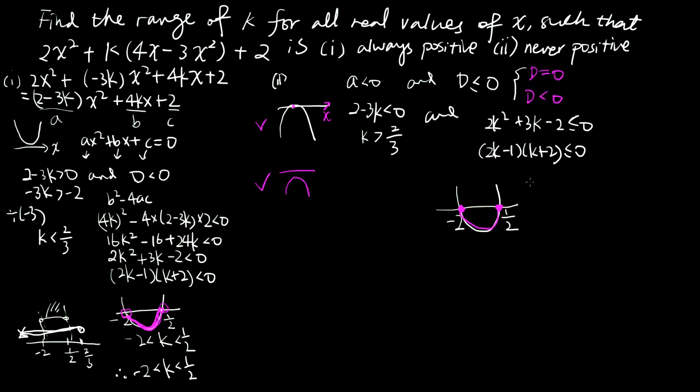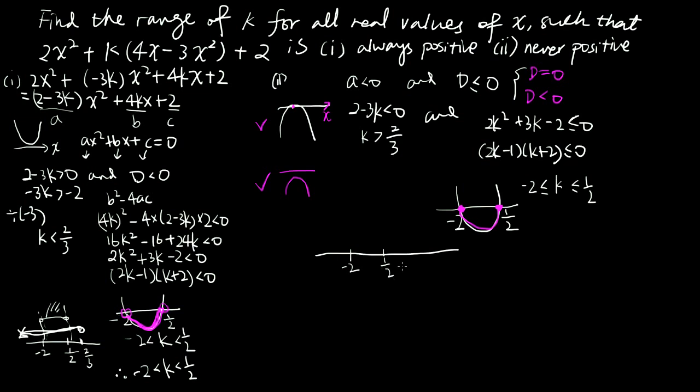So what we can continue is -2 and half, both inclusive in the solution set. We have found the inequality for the range of k for both cases. Then subsequently what we need to do is we have to draw the number line again.